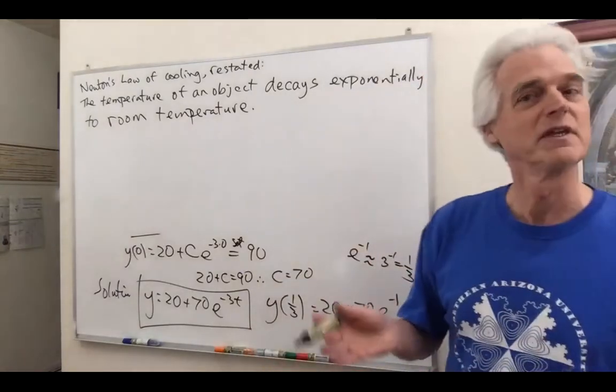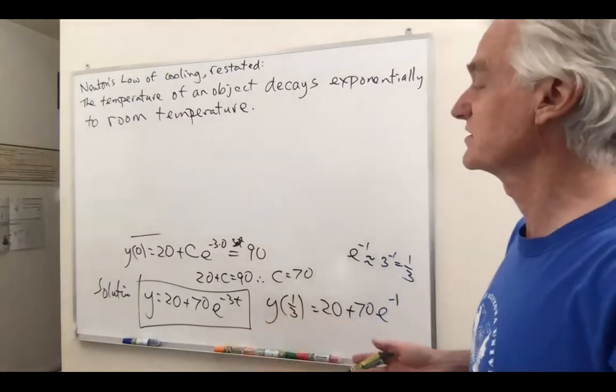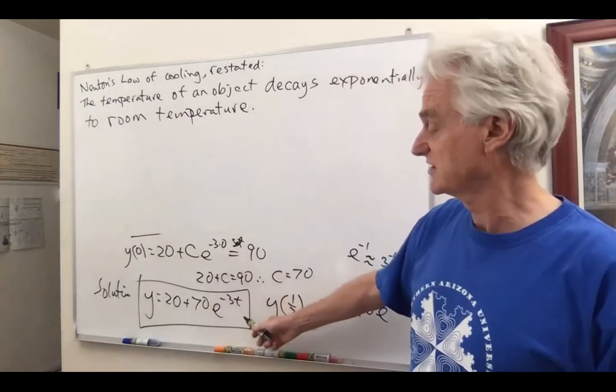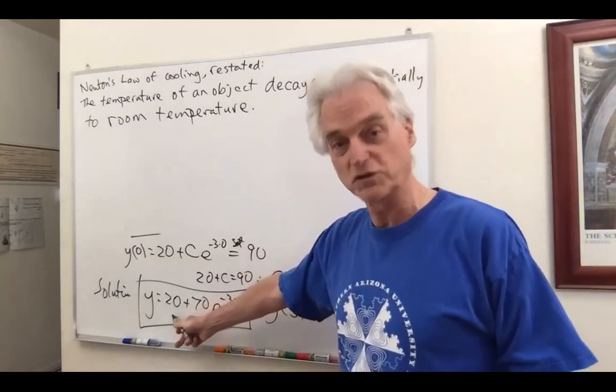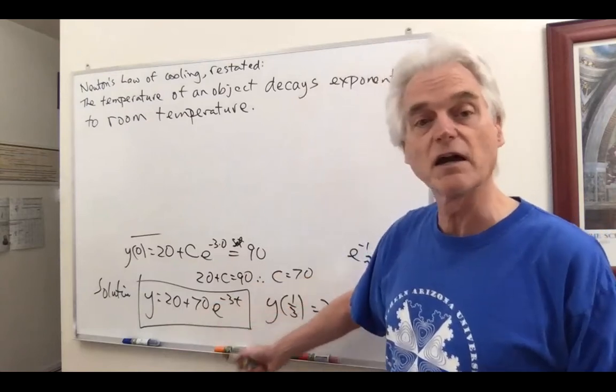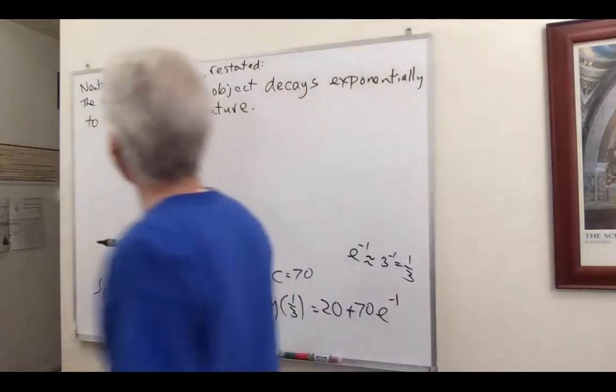And for him, these two statements are really kind of the same, if you understand solutions of differential equations. The solution says that you have the room temperature 20 degrees C, and the temperature of this coffee cup just decays exponentially to 20 C. In fact, it's kind of useful.